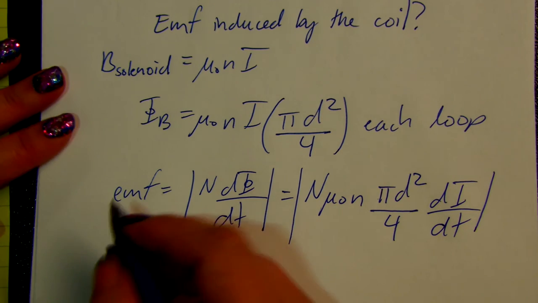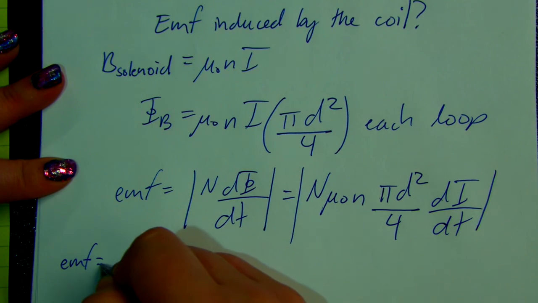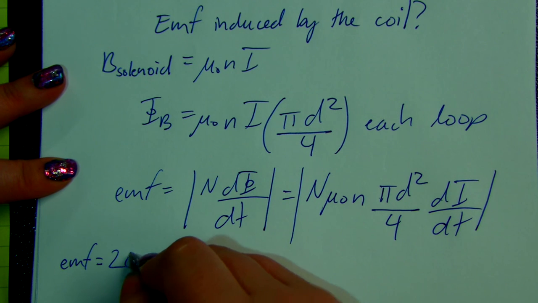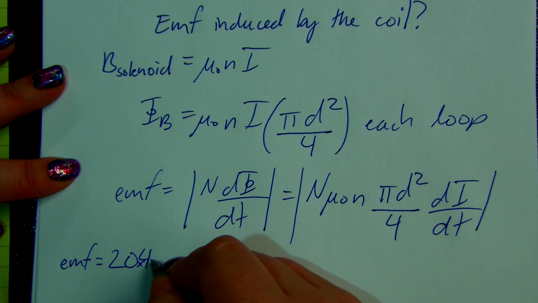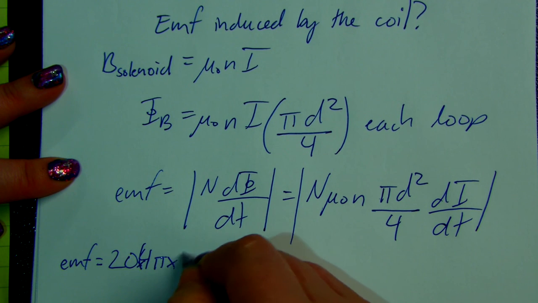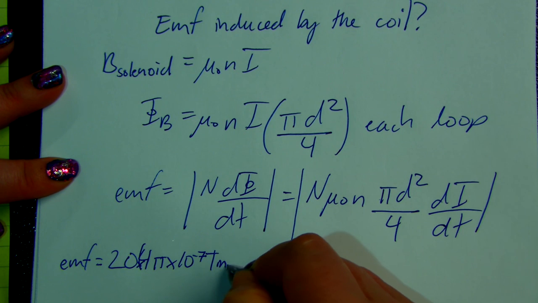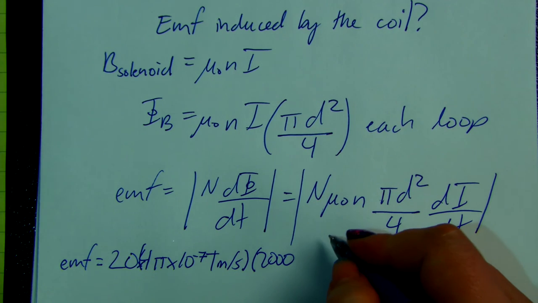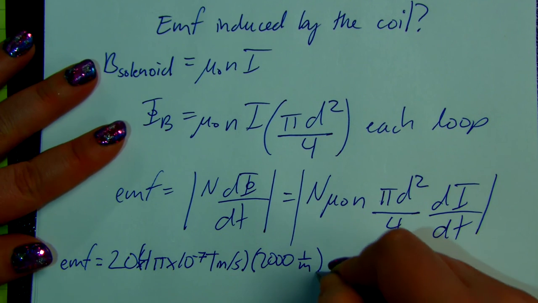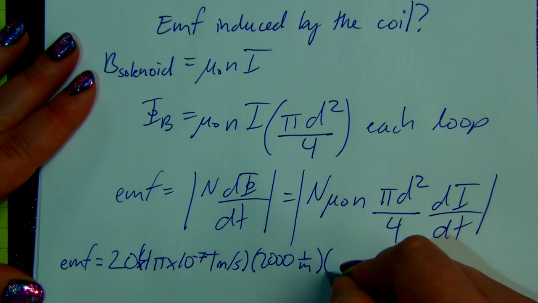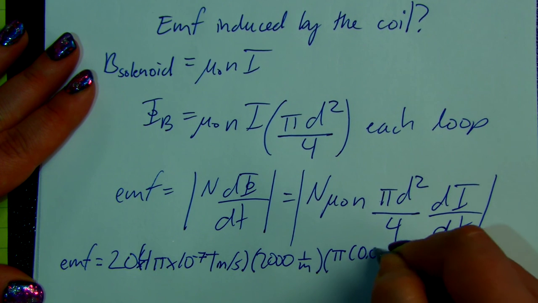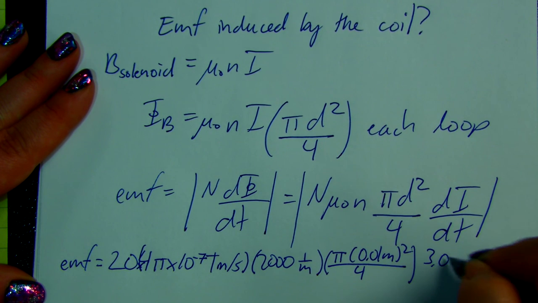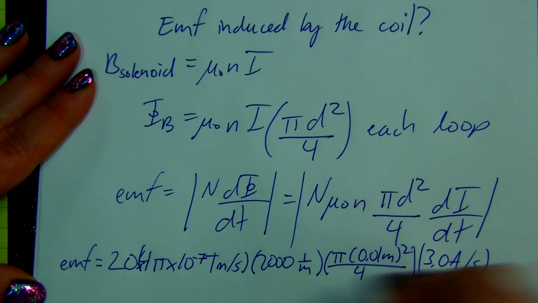EMF is equal to 20 times 4 pi times 10 to the minus 7 Tesla meters per second times 2,000 1 over meters times pi 0.01 meters squared over 4 times 3.0 amps per second.